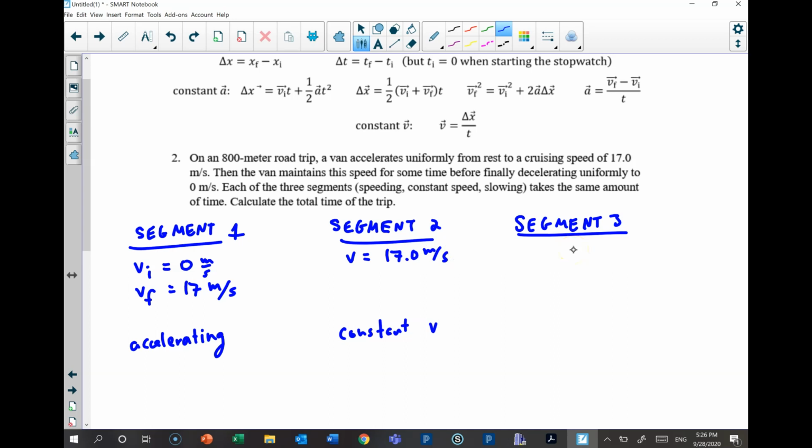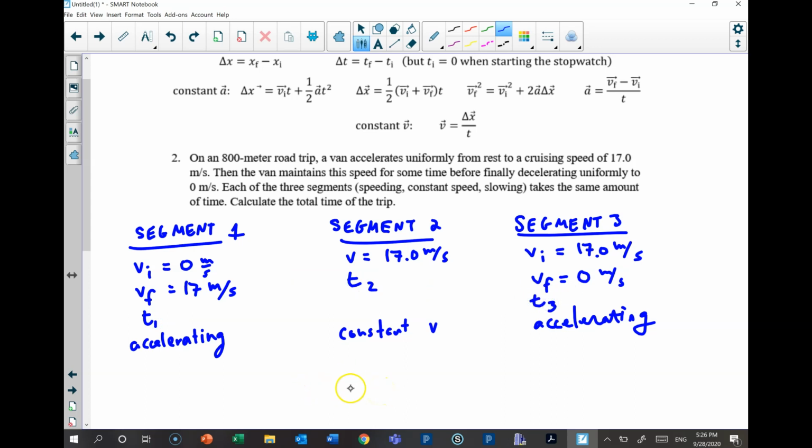Then in segment 3, we start from that 17 and we slow to a rest. So V initial now is 17. V final is 0. Here we are accelerating as well, slowing down. One final thing we know is that the time T1, the time T2, and the time T3, these are all equal.